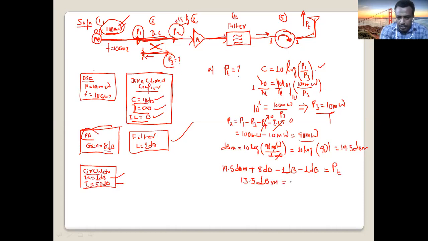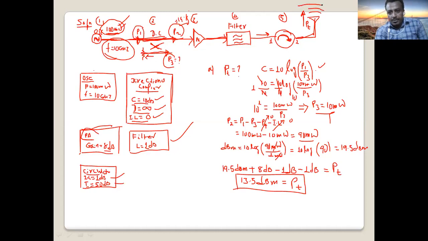This much power reaches the antenna, PT. How much frequency? This 10 gigahertz frequency from the oscillator is transmitted through all these circuits and radiated by the antenna into space. How much power reached the antenna? 13.5 dBm.